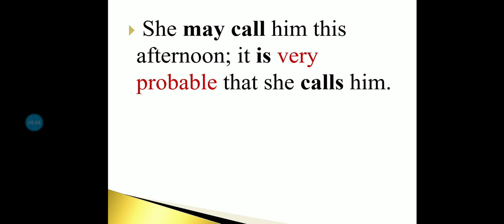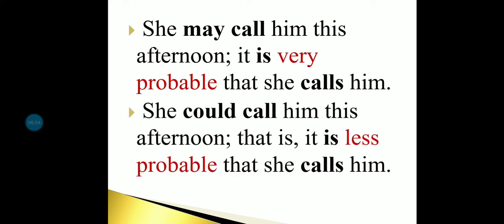Another example here. She may call him this afternoon. It is very probable that she calls him. And she could call him this afternoon. That is, it is less probable that she calls him. Okay?